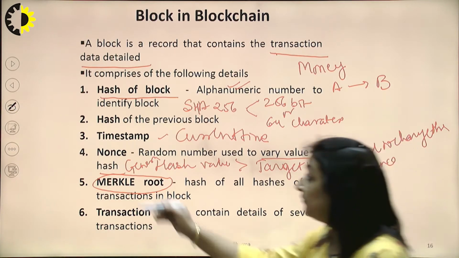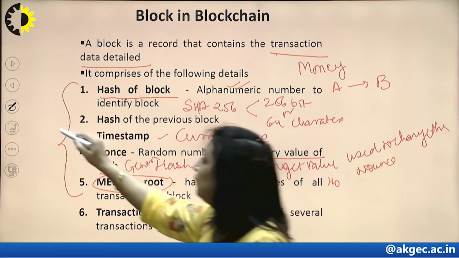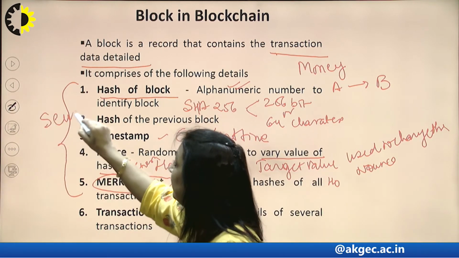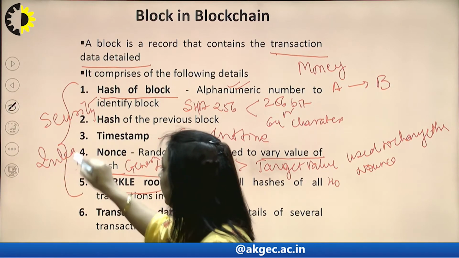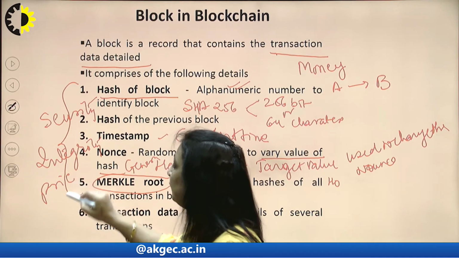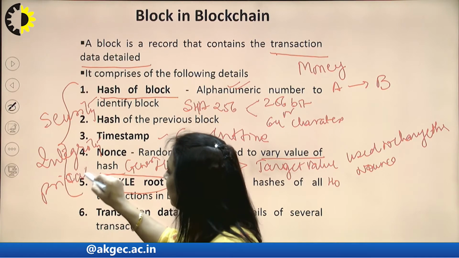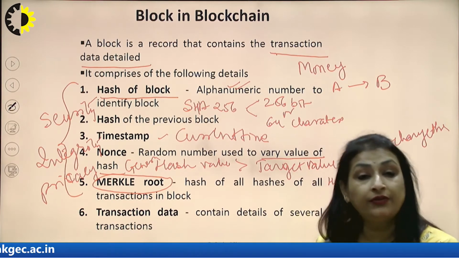Exactly these are the values. See, all these values are acting for the security, for the integrity, and for the privacy of that particular block. Then comes the transaction data.